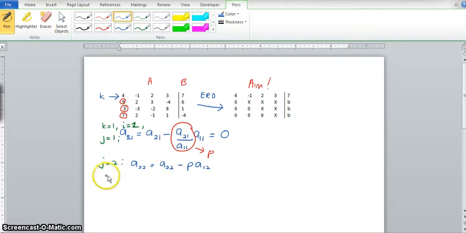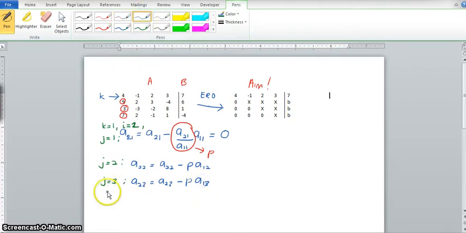So same goes for J equals to 3: A23 is equal to A23 minus P times A13.